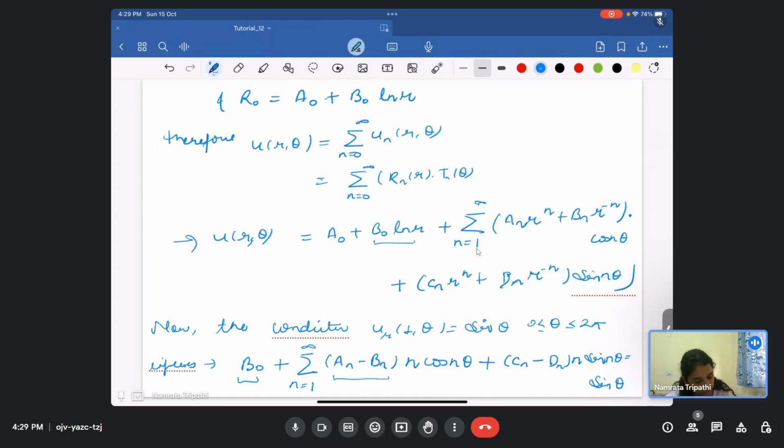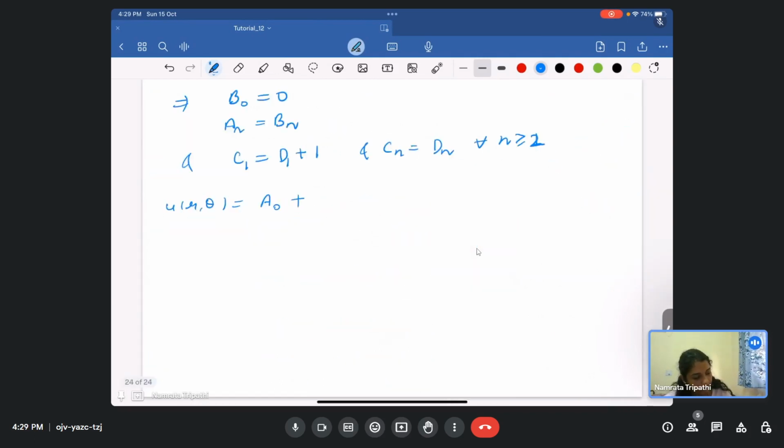For the third term, an is equal to bn, so take it outside: r^n plus r^(-n) into cos n theta. And here cn is equal to dn for n greater than or equal to 2, but for n equal to 1 we have c1 is equal to d1 plus 1.